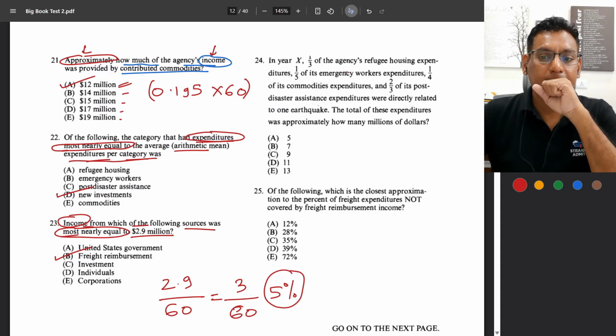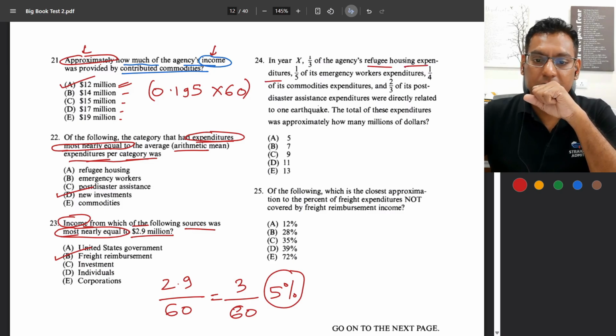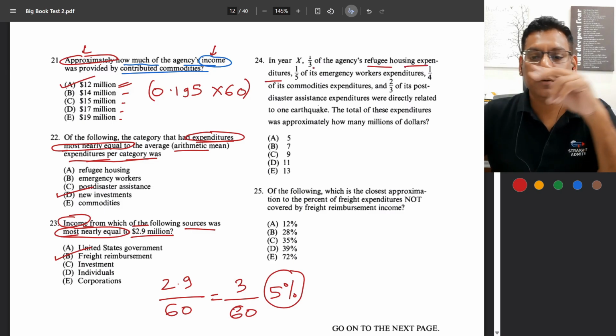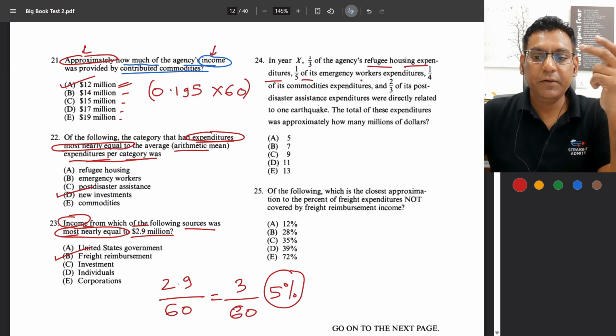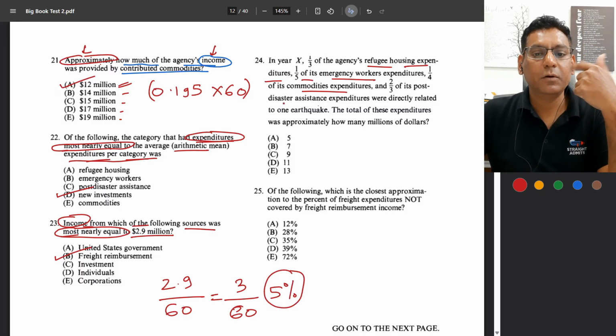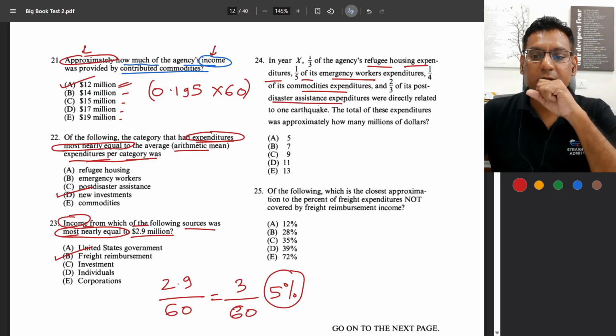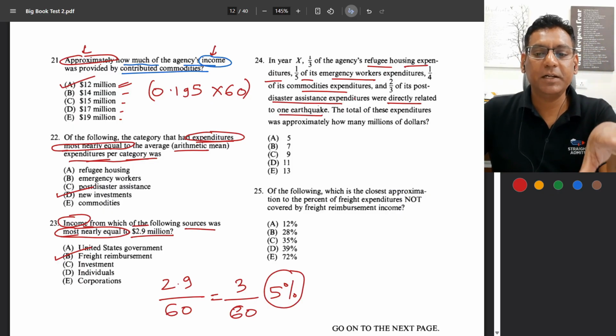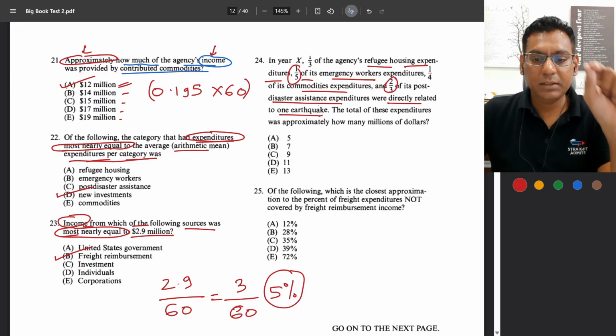Okay, now this seems to be a big question. Let's say in year X, 1/3 of the agency's refugee housing expenditure, 1/5 of emergency worker expenditure, 1/4 of commodity expenditure, 2/3 of post disaster assisted expenditures were directly related to one earthquake. So four different types of expenditure and some fractions of those are related to one thing, the earthquake.